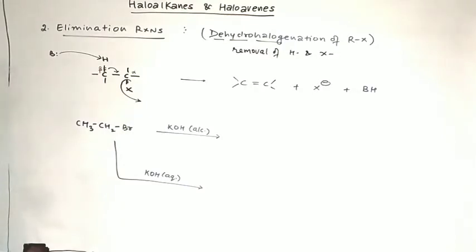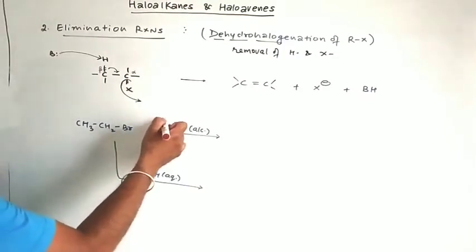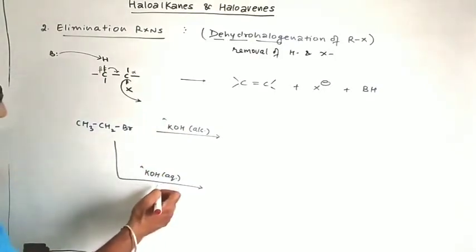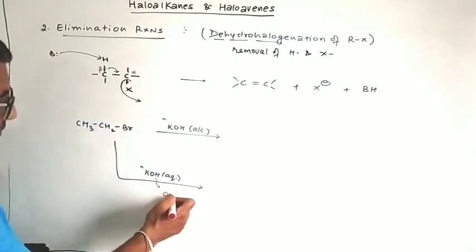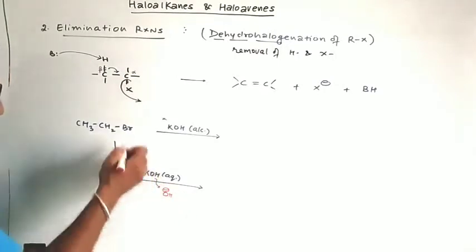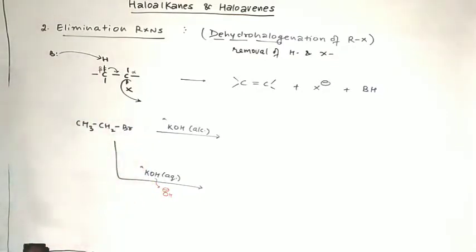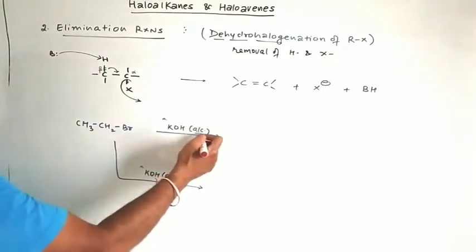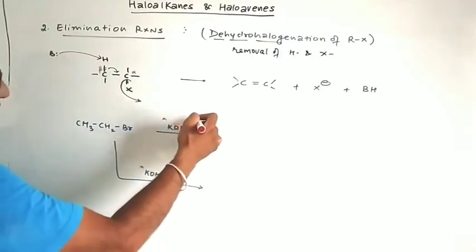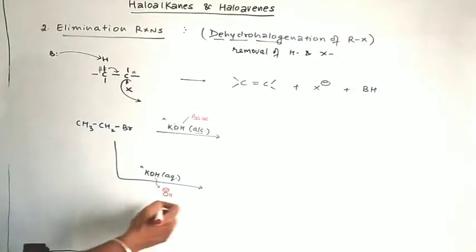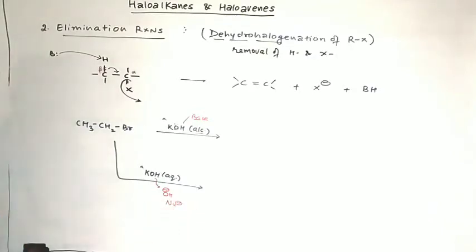Keep in mind, these two are different reagents, they give different products. When we have aqueous KOH, it produces a nucleophile, and this will be a nucleophilic substitution reaction. It easily replaces this Br. But when there is an alcohol, this acts as a base, and this acts as a nucleophile.